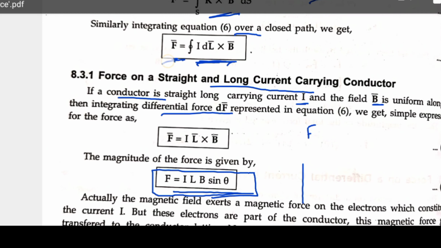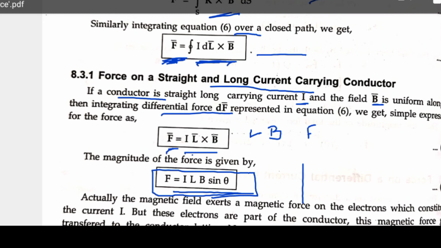That is a differential element. The total force is idl cross B. That is equation 6. Net force is found by integrating that, which gives F equal to IL cross B, where L is the length of the conductor and B is the flux density.